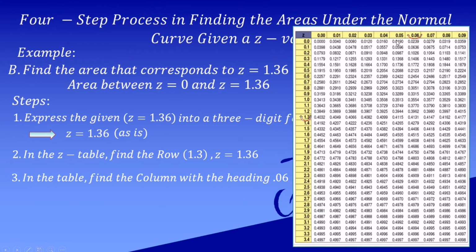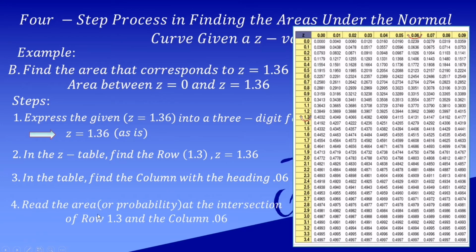For step 4, read the area or the probability at the intersection of row 1.3 and column 0.06. So 1.3 against 0.06. This could be our area, 0.4131.